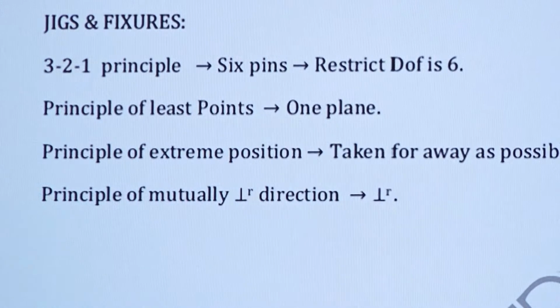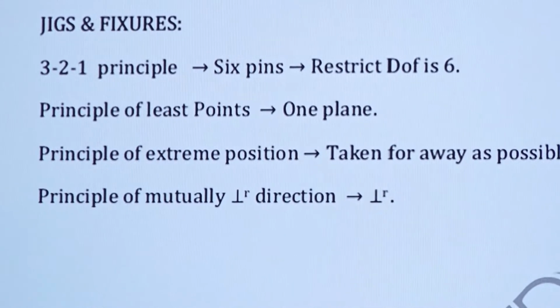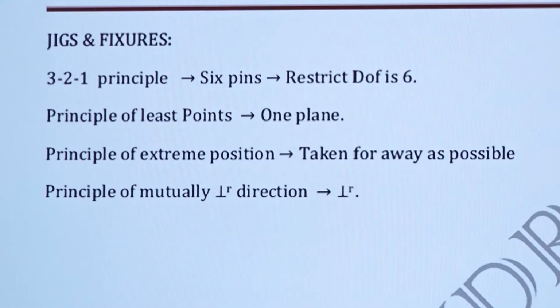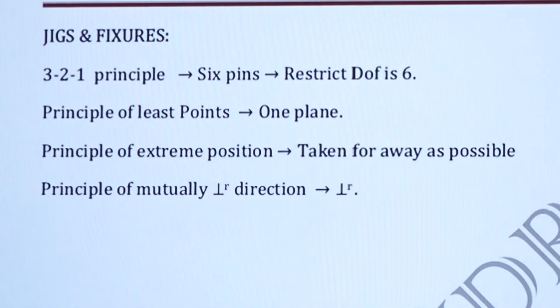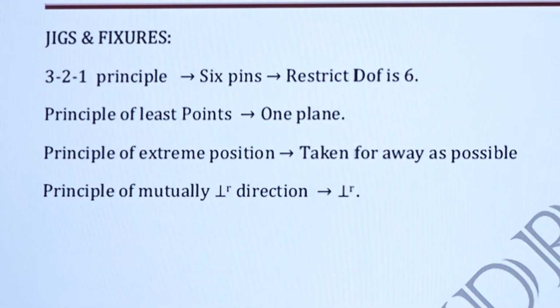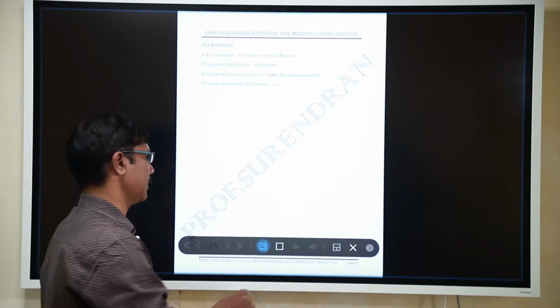We can put it in a crisp way: the 3-2-1 principle, 6 pins are used, restricting 6 degrees of freedom. Principle of least point: concentrate on only one plane. Principle of extreme position: points should be taken as far apart as possible. Principle of mutually perpendicular planes: they should be perpendicular to each other.